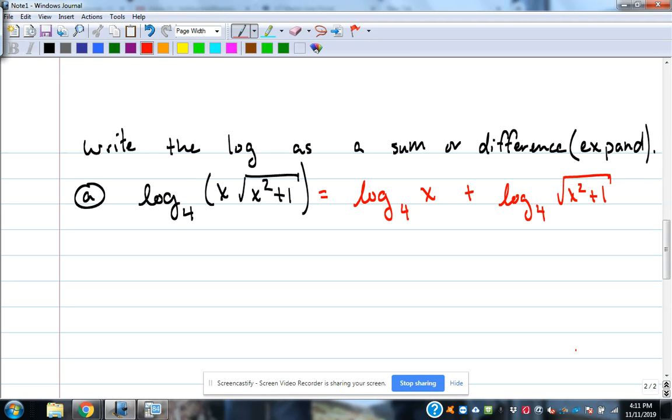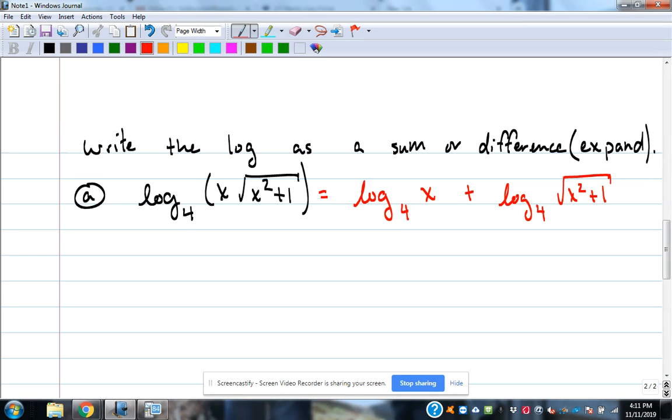So I've taken this multiplication problem, because they're multiplying x times the square root of this jump. The first step says, oh, if it's multiplication, I can split it apart into addition. Well, this one, is there anything else going on with that? There's not any exponents. There's not any other operation going on with this one piece right here. So it's not going to do anything.